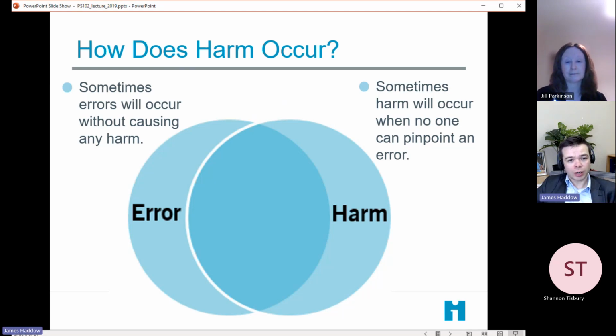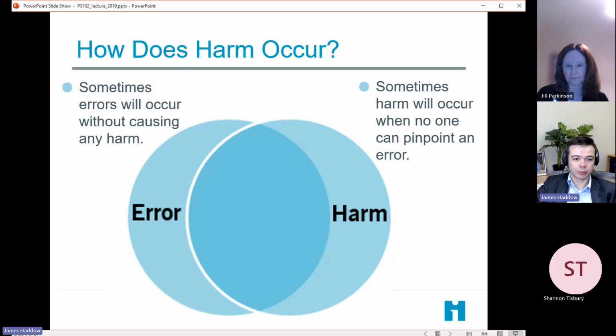Well, harm itself can occur on its own where nothing wrong has happened. There's been no errors, and that might be a side effect of a drug, for example. We know that the drug may cause some headaches, but we give it to the patient because it's going to treat them, and indeed it makes them feel better with regards to their diagnosis, but the side effect is a headache.